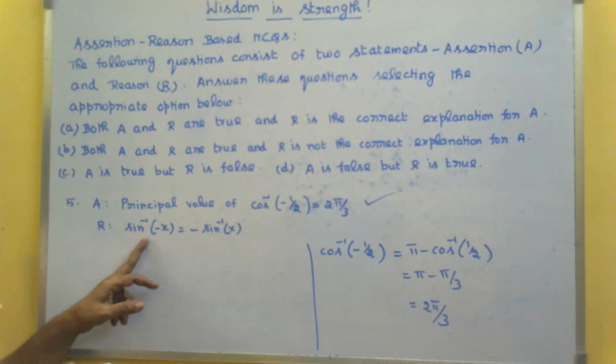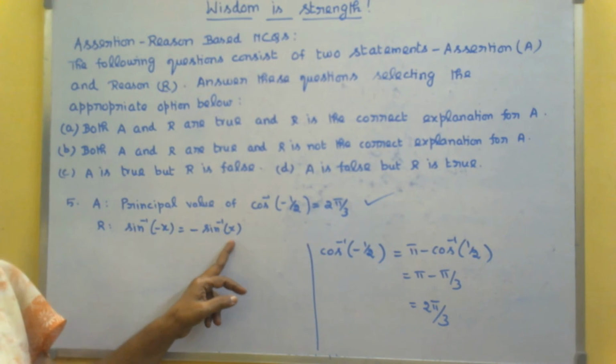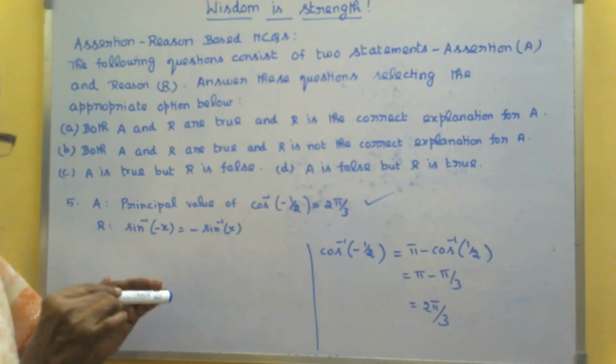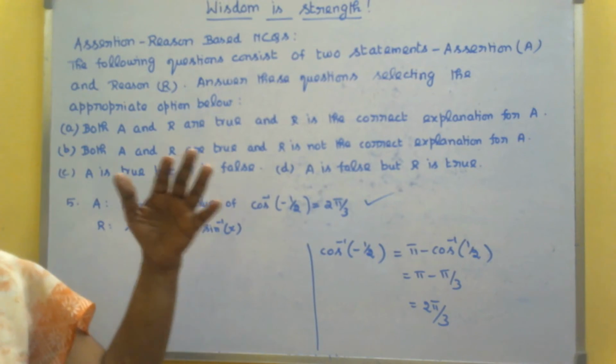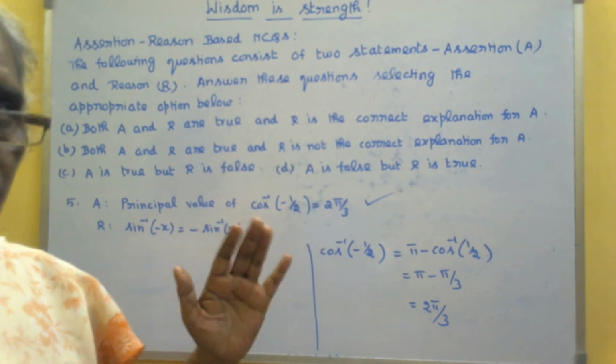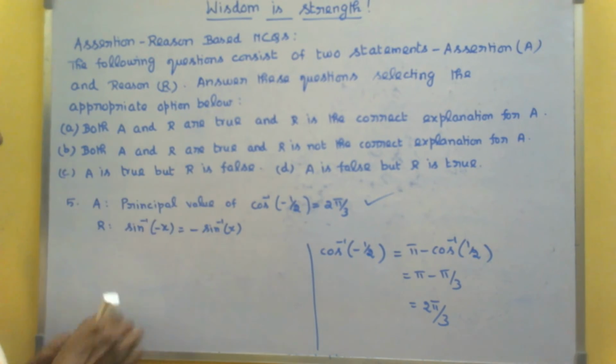But what is given in the reason? Sin inverse of minus x is equal to minus sin inverse x. That is true only. That is a correct formula. But that is not the explanation. That's not the correct explanation for the assertion. Do you understand? Even though it is true, this is not the explanation for it.